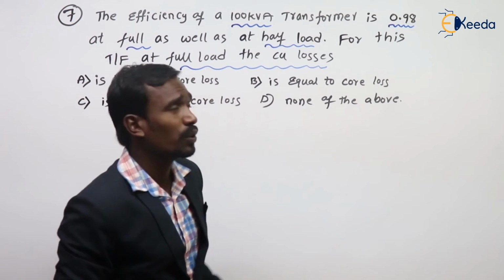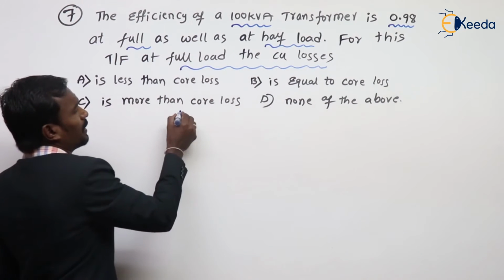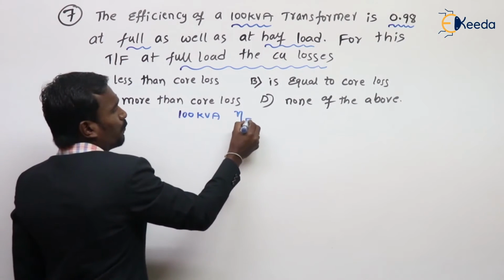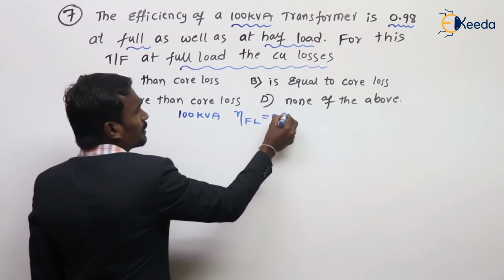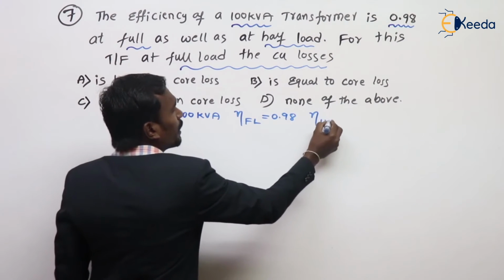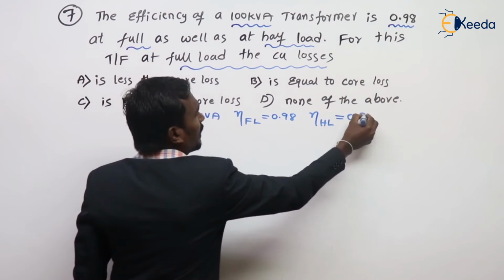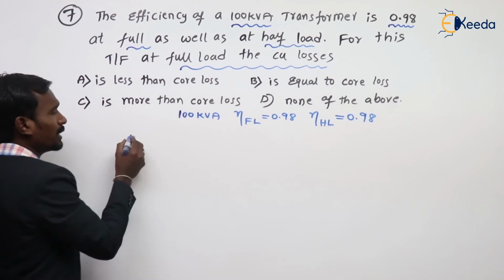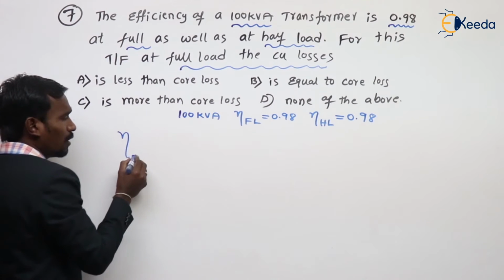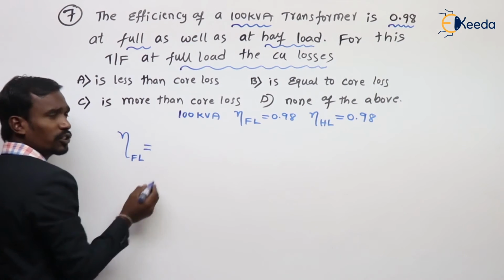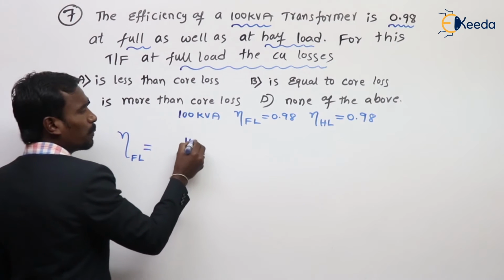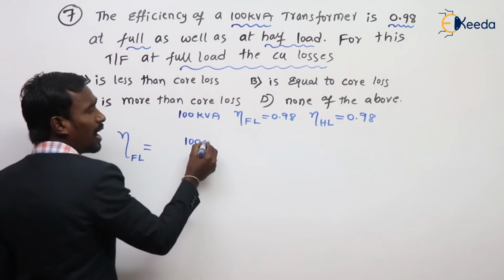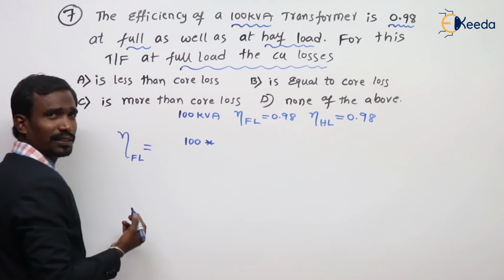Let's see how. Generally, they have given a 100 kVA transformer, full load efficiency 98%, half load efficiency also 98%. Can you tell me what the full load efficiency is? Full load efficiency is equal to kVA into power factor, 100 kVA into power factor.